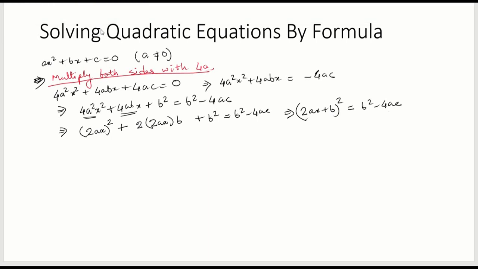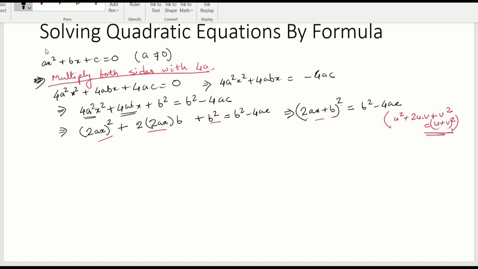We use this formula: u square plus 2uv plus v square equals u plus v squared. So this is the formula that we used here. Even if you simply multiply 2ax plus b again by 2ax plus b, you will see you get these expressions. So that's how it goes.